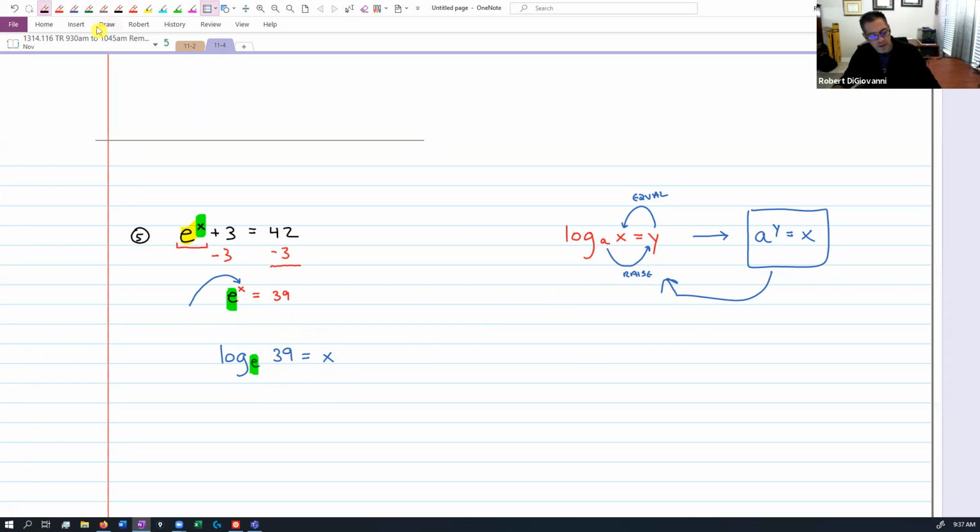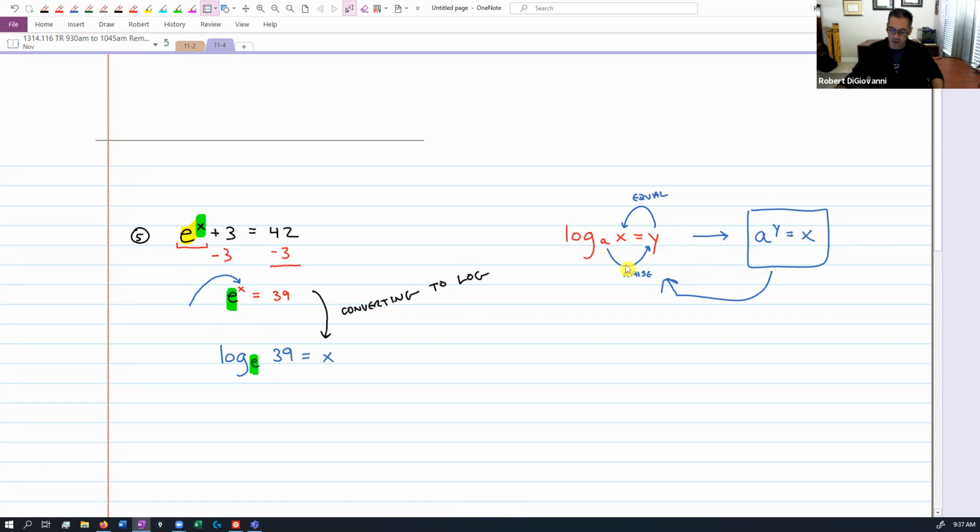All we're doing here is taking an expression and converting it to a log. So when you convert it, just think about the loop.